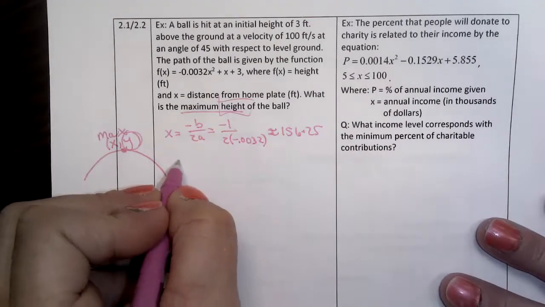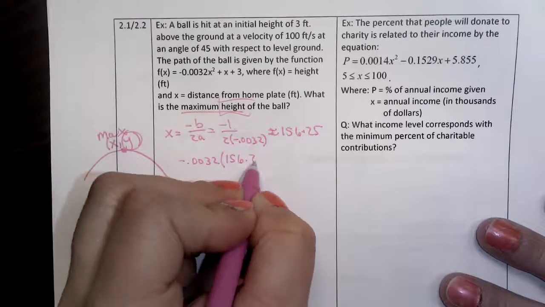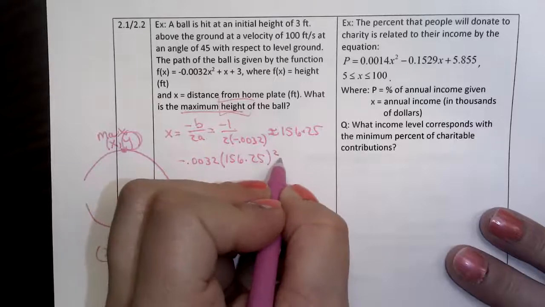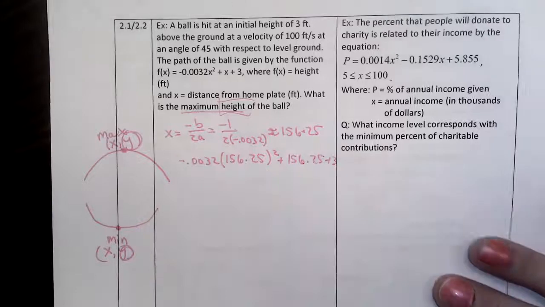So now we're going to say negative 0.0032 times 156.25 squared plus 156.25 plus 3.